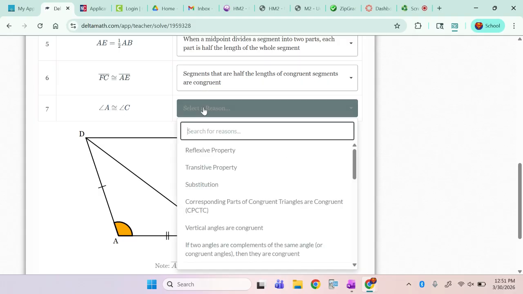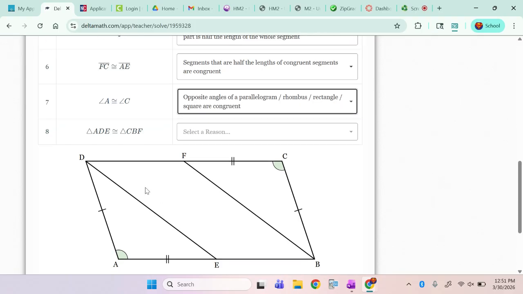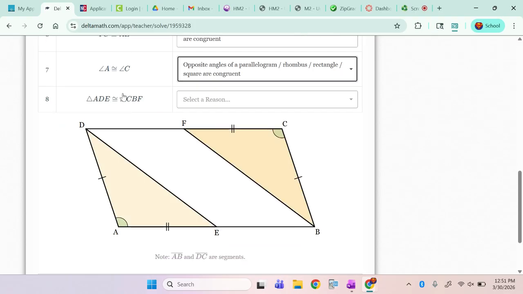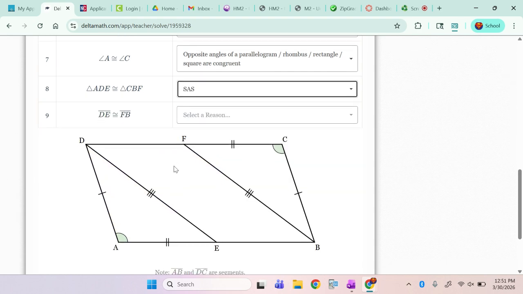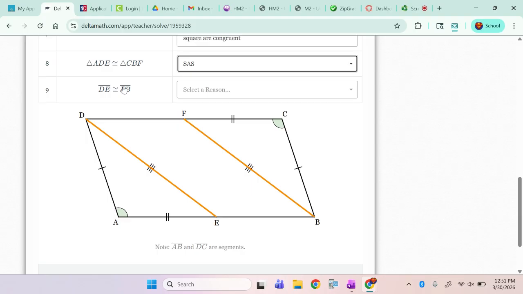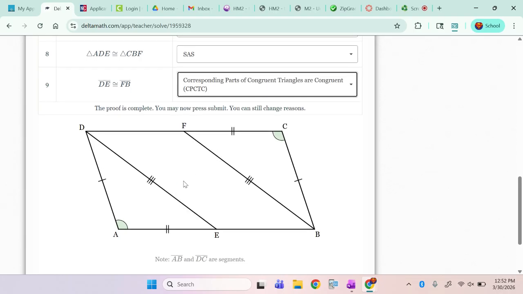They're opposite angles of a parallelogram, which we know are congruent. Thus, these two triangles are congruent by what postulate? Side angle side. So these two sides have to be congruent. Why? CPCTC. Good. And that's it.